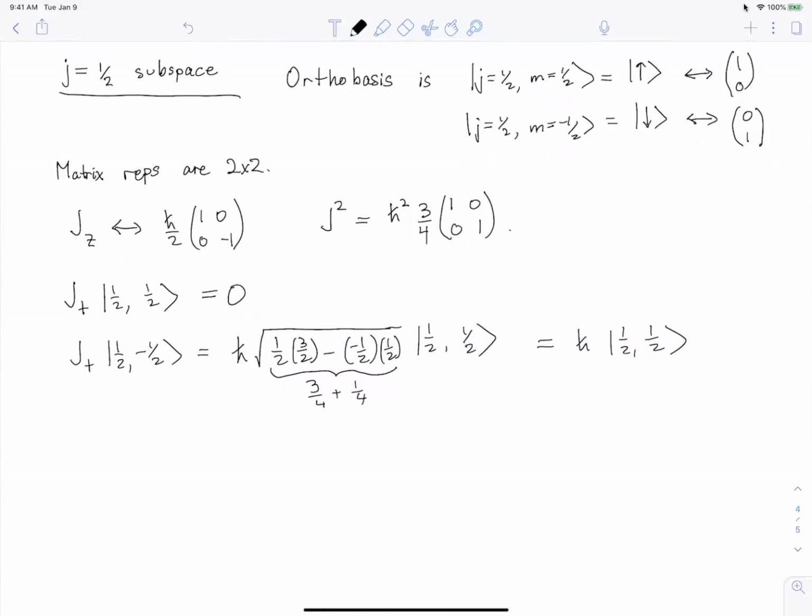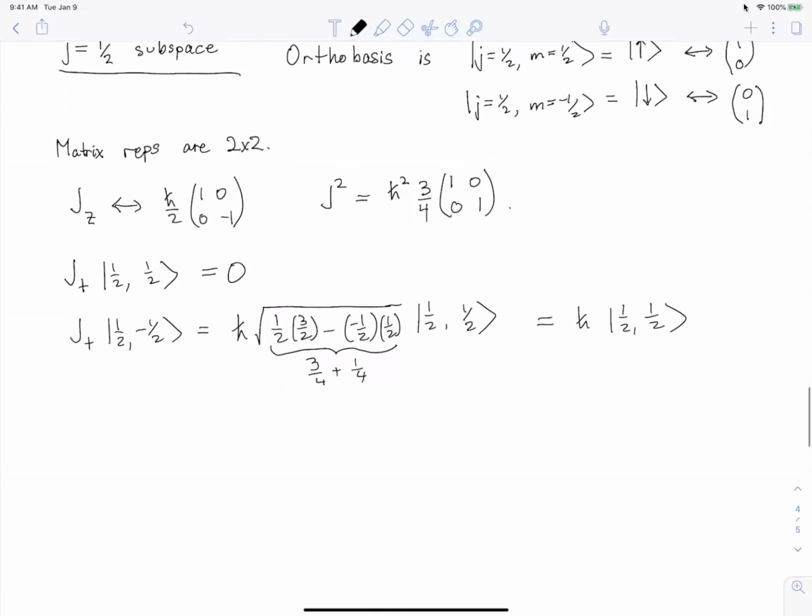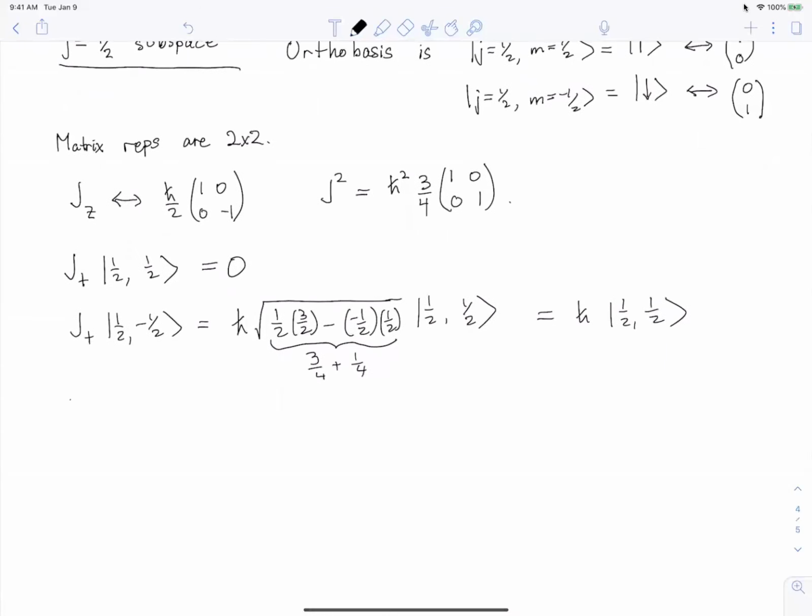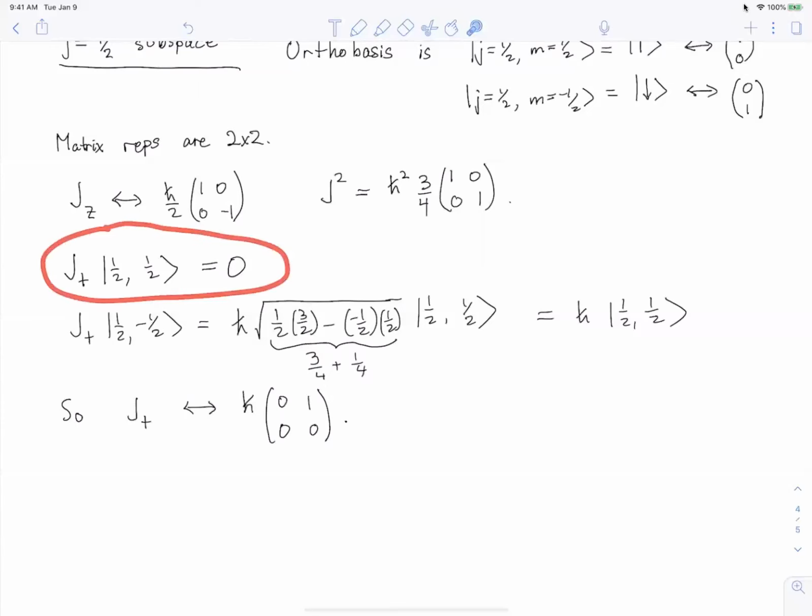Okay, so now we know how J plus acts on all the states, of which there are only 2 in this example. And so now we can write down the matrix representation for J plus. Summarizing the previous 2 lines, it's equal to h bar multiplying 0, 1, 0, 0. Okay, so the way that worked is this statement right here is saying that this acting on any vector gives 0. That means this has to be 0 and that has to be 0.